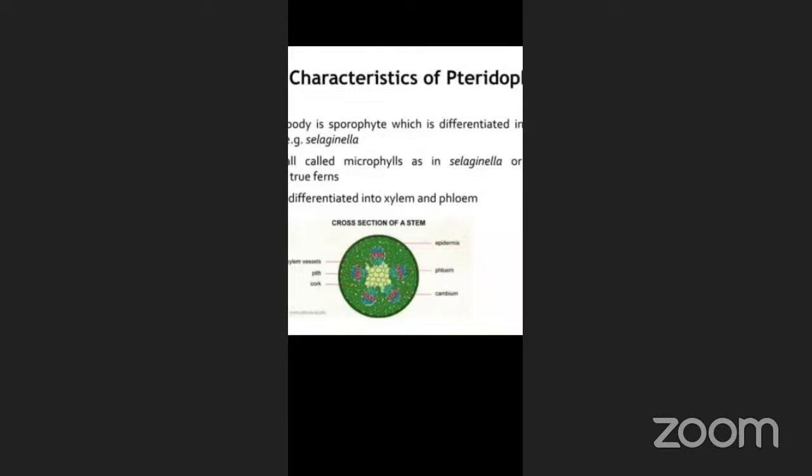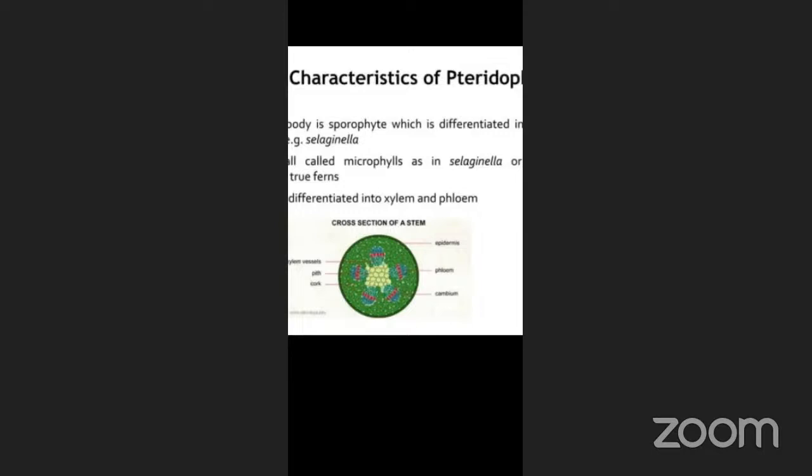Another one is that the gametophyte is quite independent. You know that it is one independent stage from the sporophyte, and it may be autotrophic, saprophytic, partially autotrophic or partially saprophytic. We call this gametophyte a prothallus, which develops from a haploid spore.